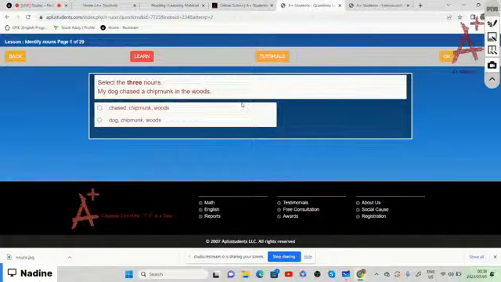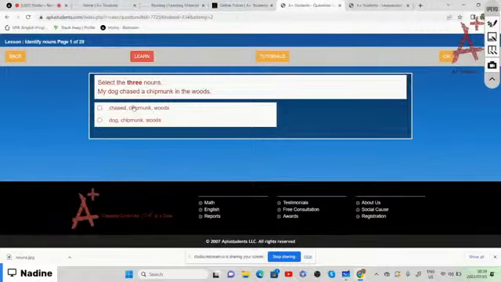Is it option one, chased, chipmunk, woods? Or is it dog, chipmunk, woods? We need to choose the correct words, right? The correct words, three nouns.